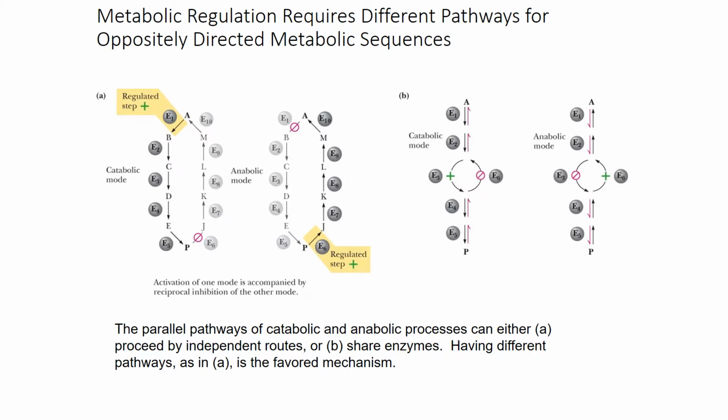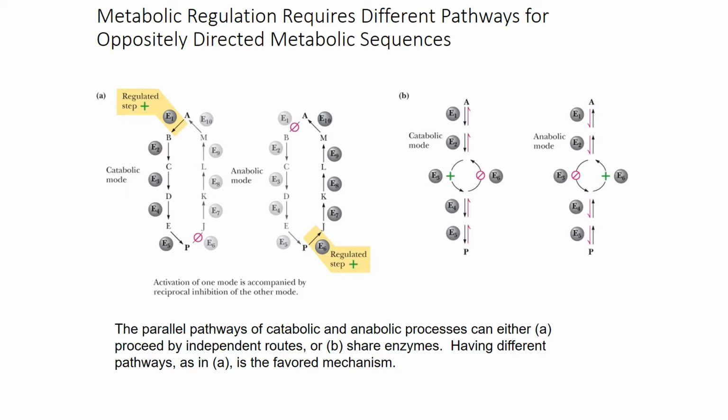If you look at the B setup for regulation, you notice that in the catabolic mode, we have 5 enzymes, and in the anabolic mode, we also have 5 enzymes. But in step 3, we have this 6th enzyme, and this enzyme can either inhibit the anabolic pathway or turn it on.